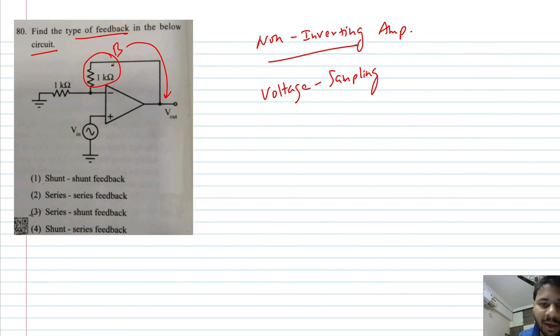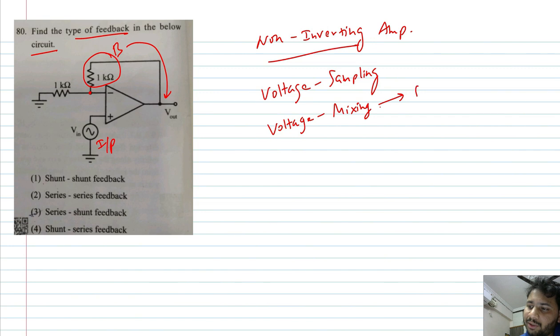And the B block, the feedback network, is connected to the minus input terminal, whereas the input is applied at the plus input terminal. So clearly the B block or the feedback network is not directly connected to the input, which again means we are doing voltage mixing. So in a non-inverting amplifier, what takes place? Voltage sampling and voltage mixing.